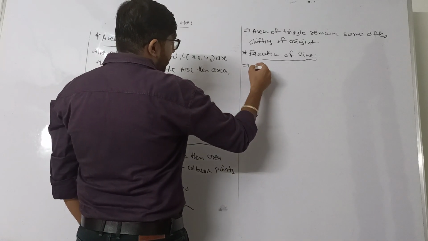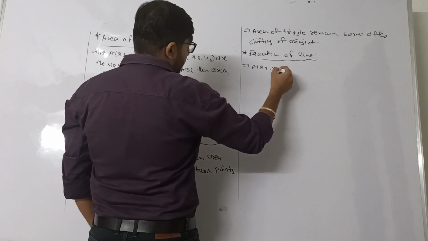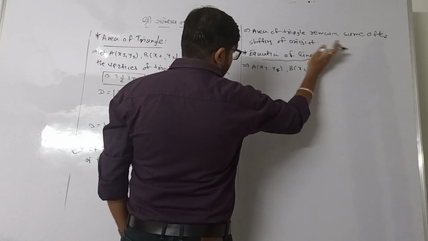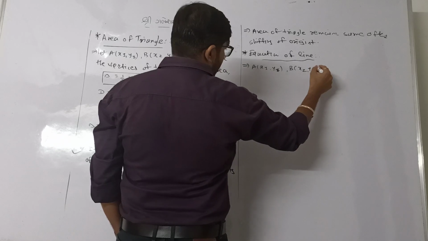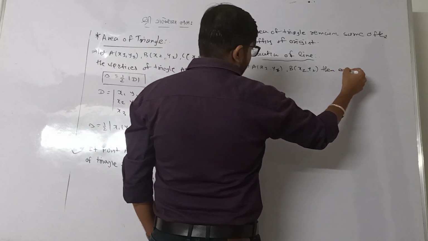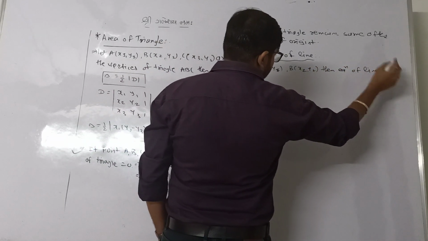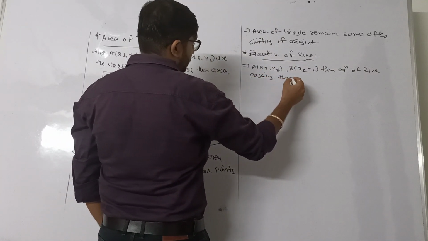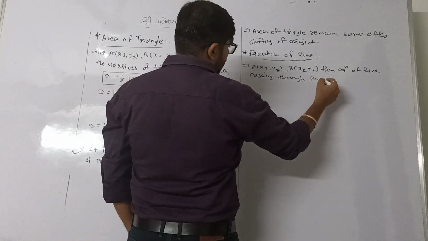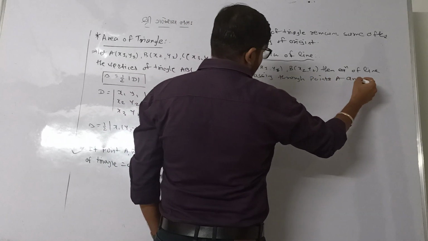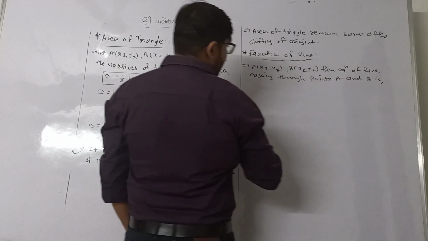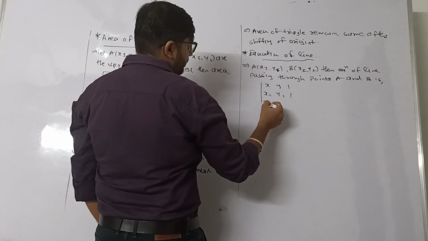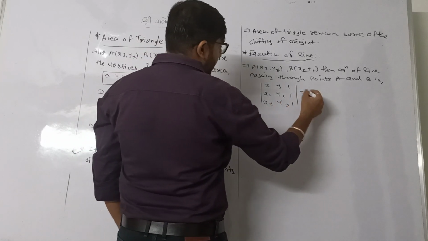If A is (x1, y1) and B is (x2, y2), then the equation of the line passing through points A and B is the determinant with rows x y 1, x1 y1 1, x2 y2 1 equals 0.